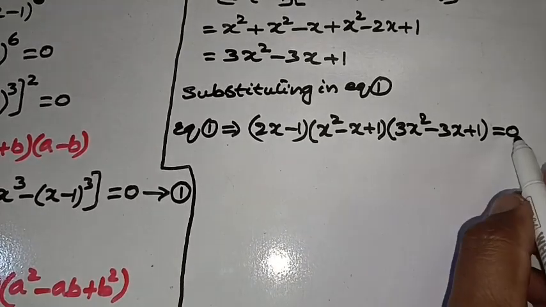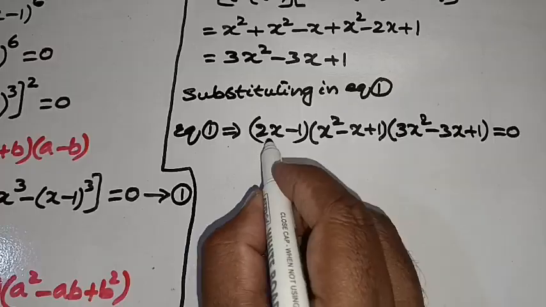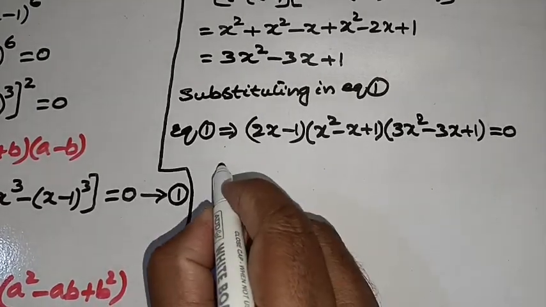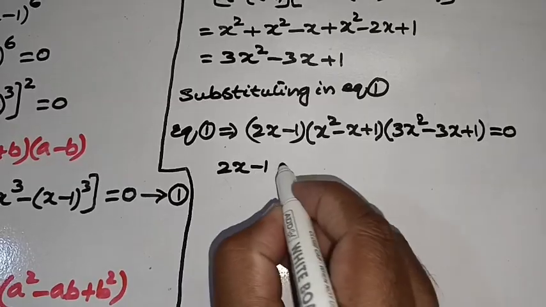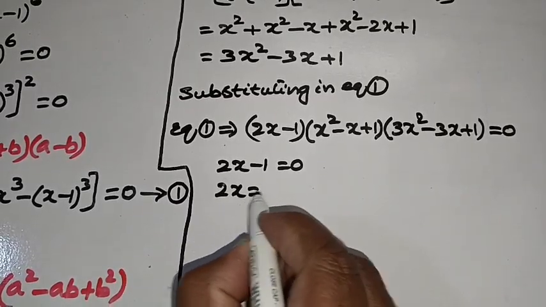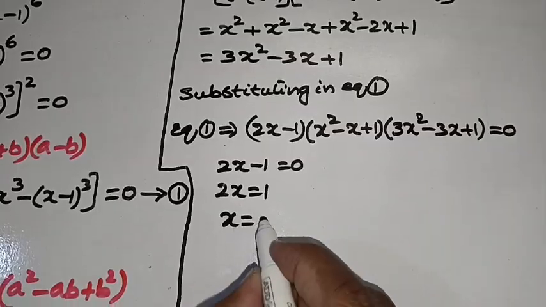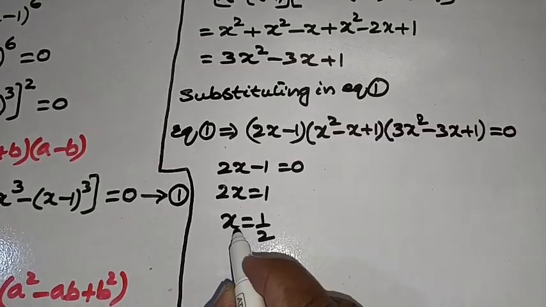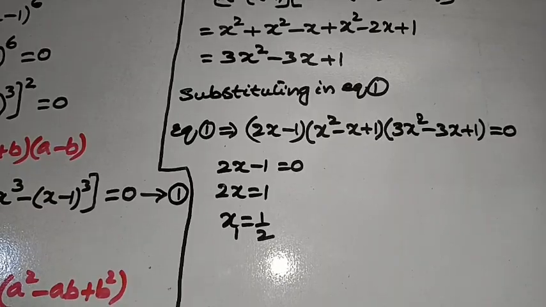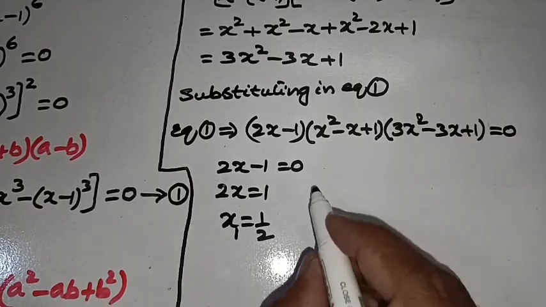So each product should be 0, or either one of them should be 0. So if 2x minus 1 is equal to 0, then 2x is equal to 1 and x is equal to 1 by 2.